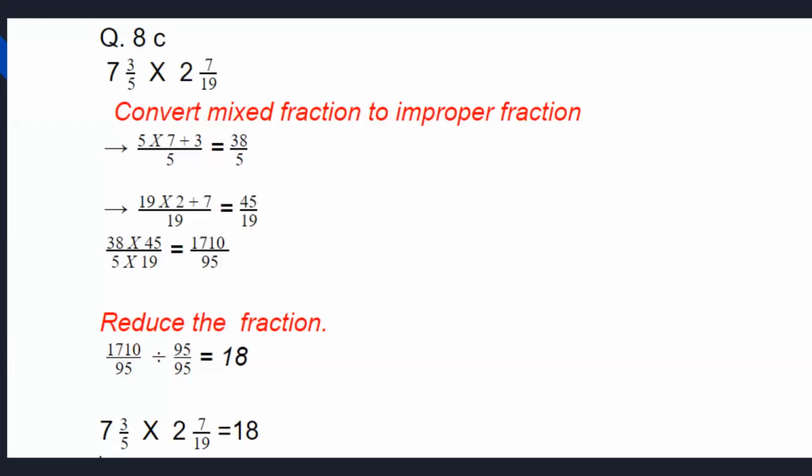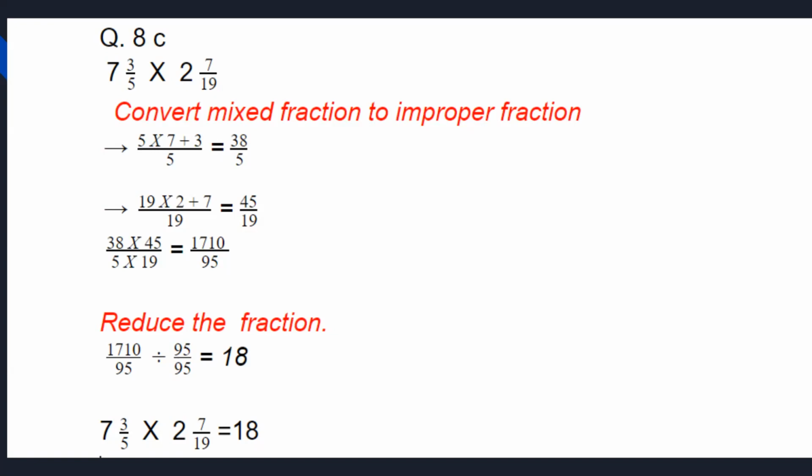That is the question number 8C. The sum is 7 3 by 5 into 2 7 by 19. So first of all, convert both the mixed fractions into improper fractions. 5 into 7 plus 3 upon 5 equals 38 upon 5. And the second fraction, 19 into 2 plus 7 upon 19 equals 45 upon 19. So now multiply the numerators and the denominators. 38 into 45 upon 5 into 19 equals 1710 upon 95.